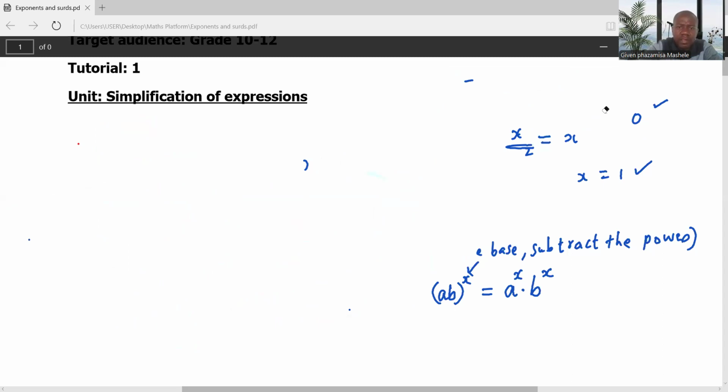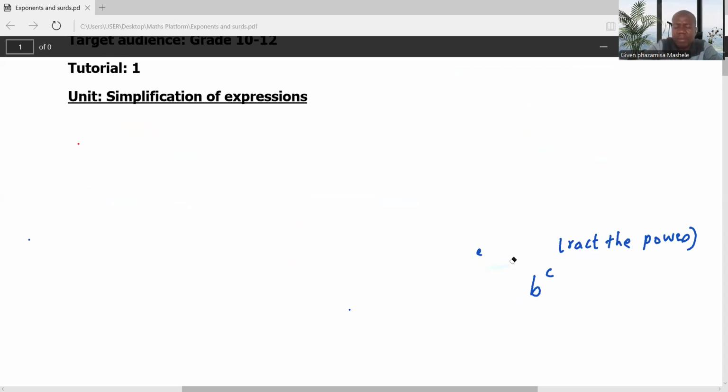The multiplication law, the division law, the law number 3, which says when you have one base but with multiple powers, you can multiply those powers. Then law number 4 says if you have multiple bases that have the same power, then you expand those bases with those powers.